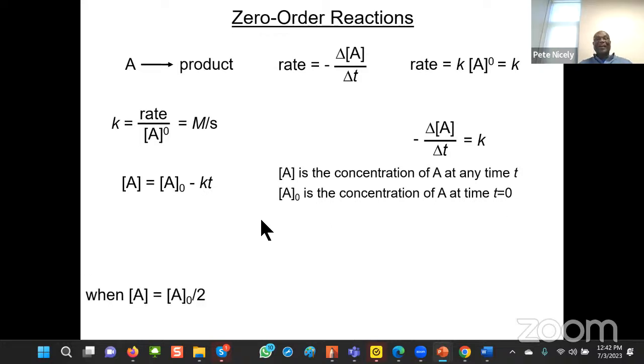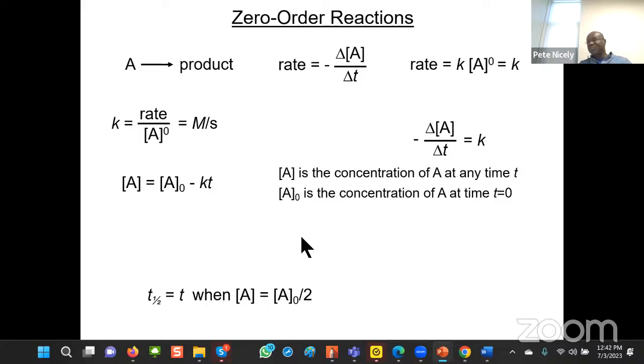And of course, K is the rate constant. Put together in this way, you get what is known as the integrated rate law for zero order reactions. So this shows you the relationship between the concentration of A and time for such reactions.